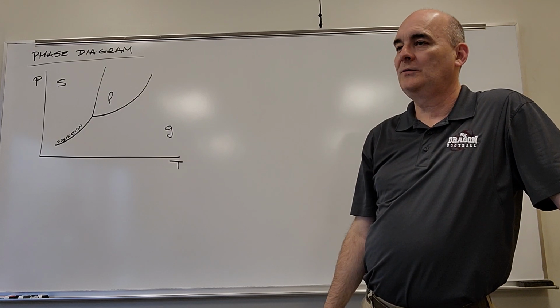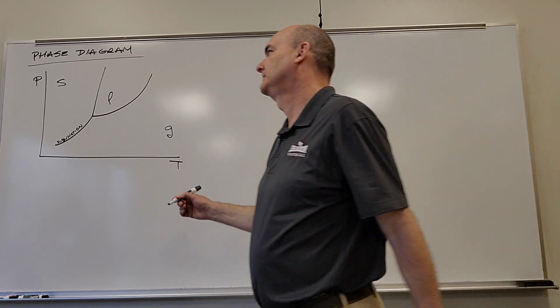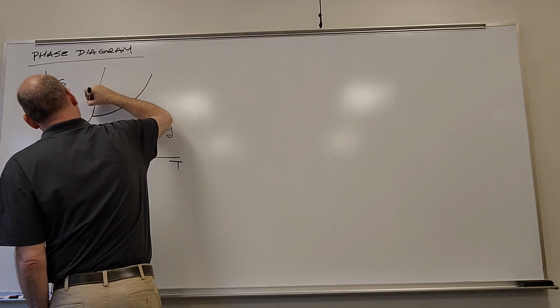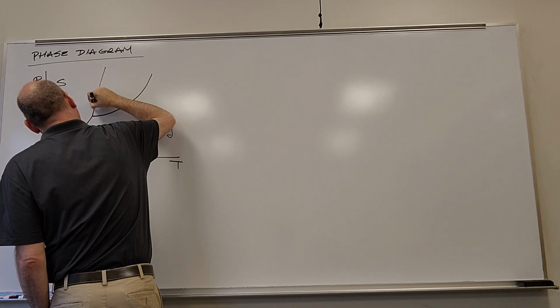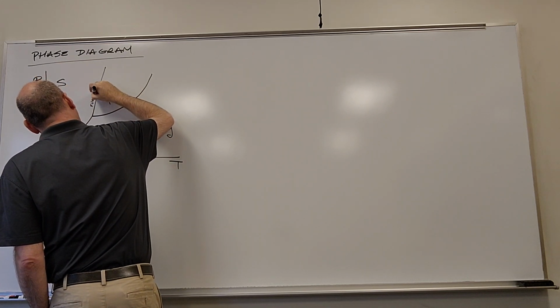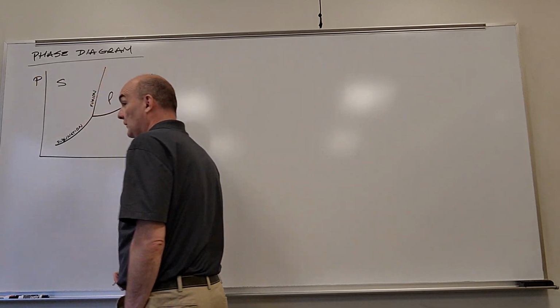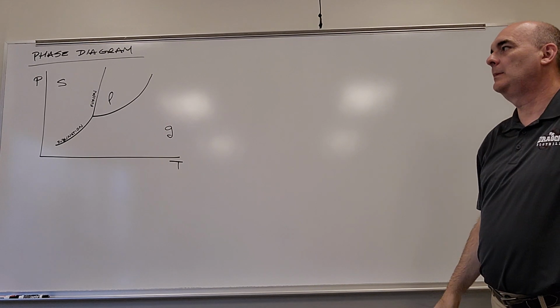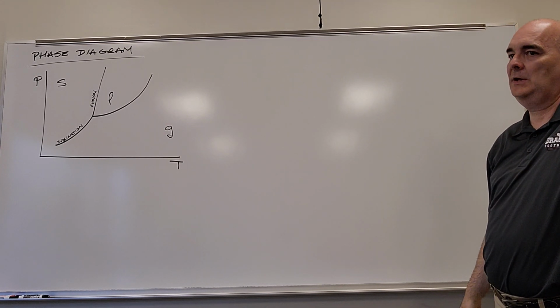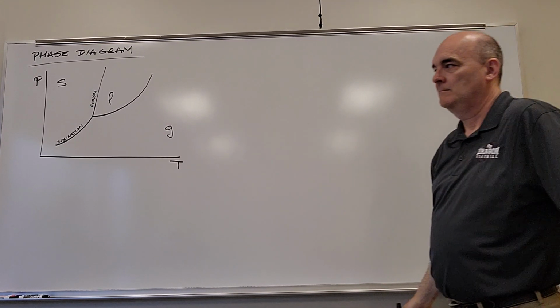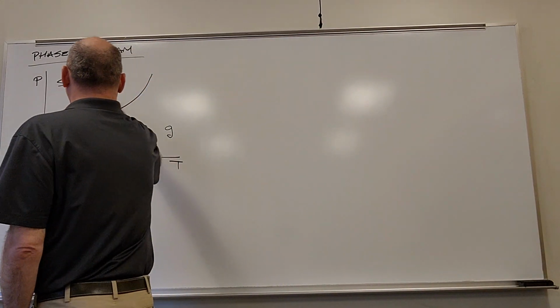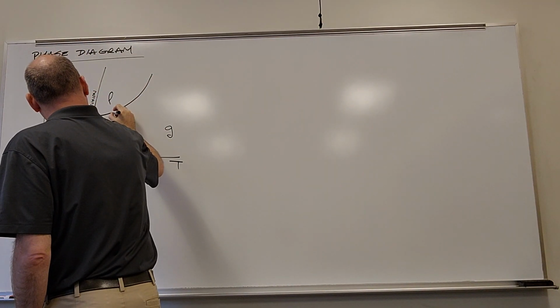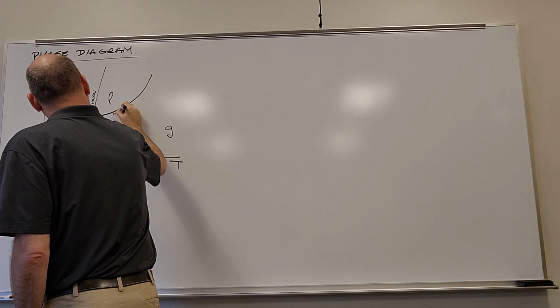Only we have another word for melting that predates, well, that's the fusion curve. And the fusion curve is usually the most linear of the three curves. And then this evaporation part right here, that's your condensation curve.